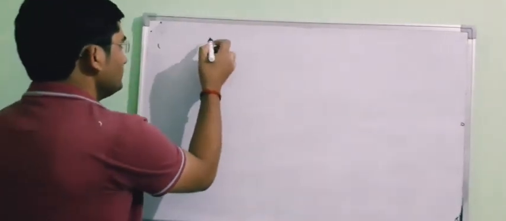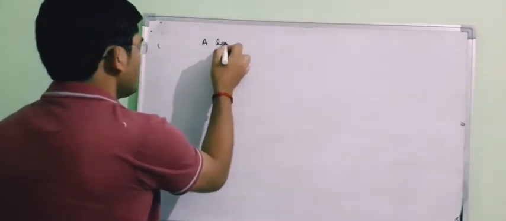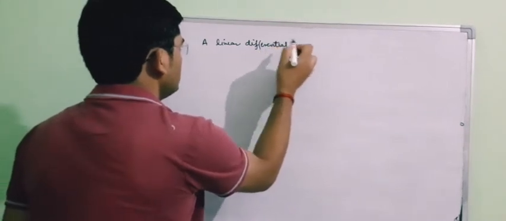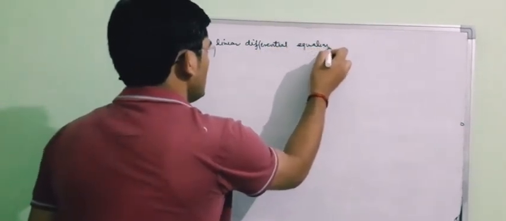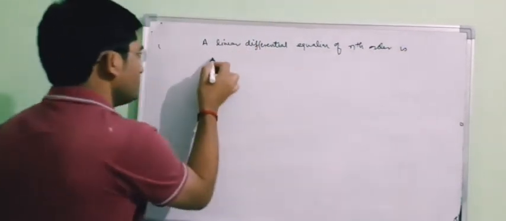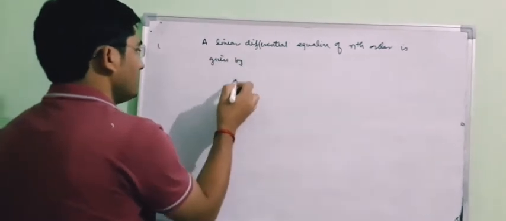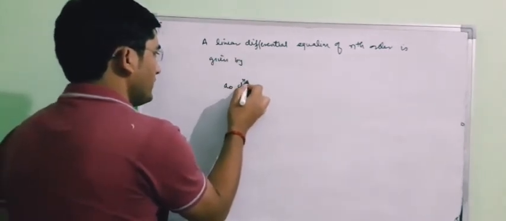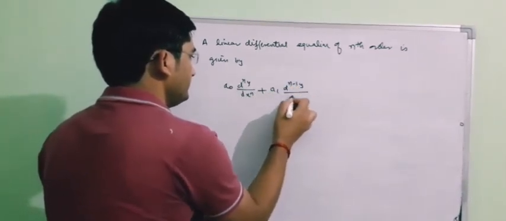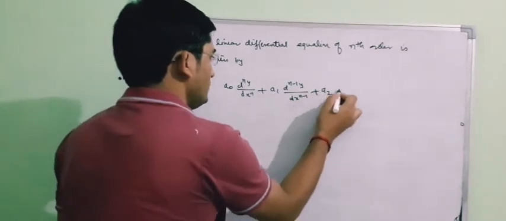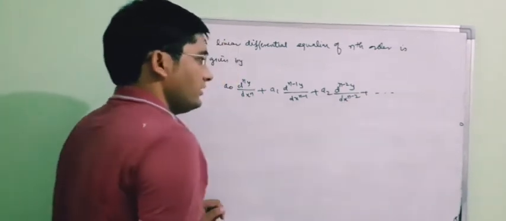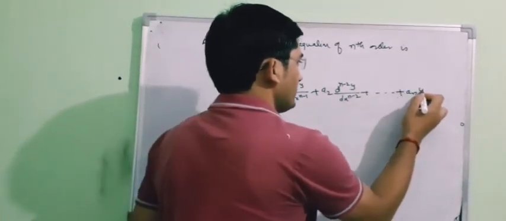So a linear differential equation of nth order is given by, say, a0 d^n y upon dx^n plus a1 d^(n-1) y upon dx^(n-1) plus a2 and so on, then finally we will have an into y equal to r(x).